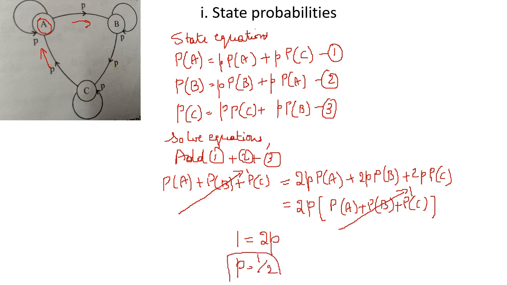So we got the transition probability value for the given Markov model. P is equal to half. We'll substitute this in equation 1.